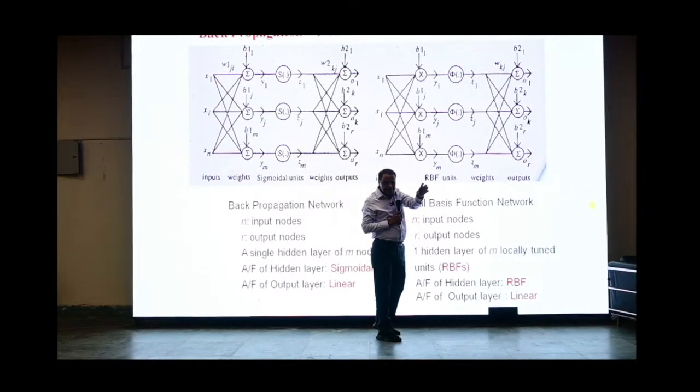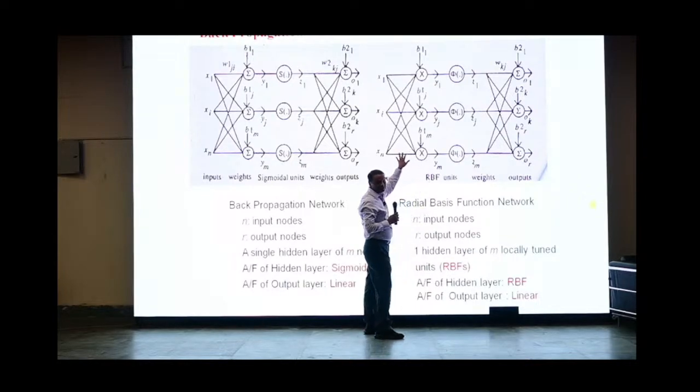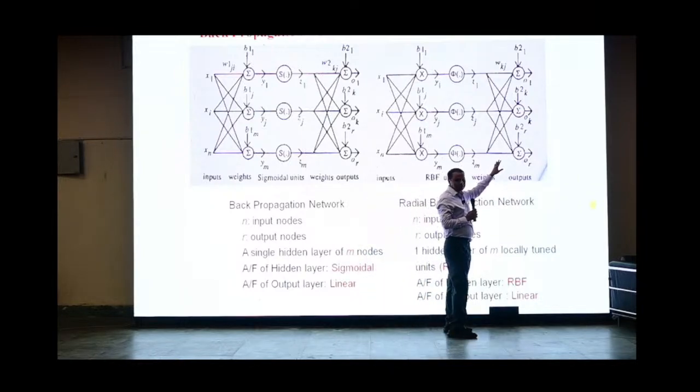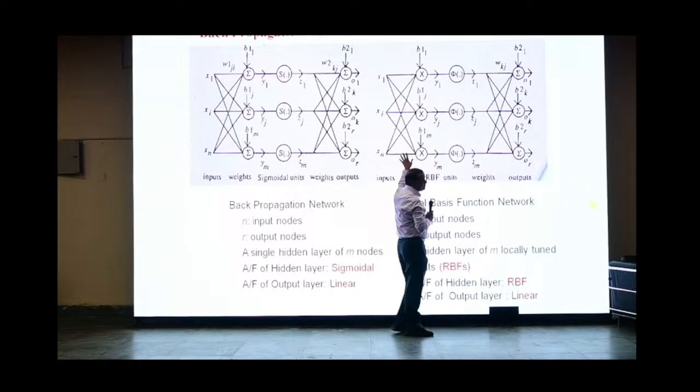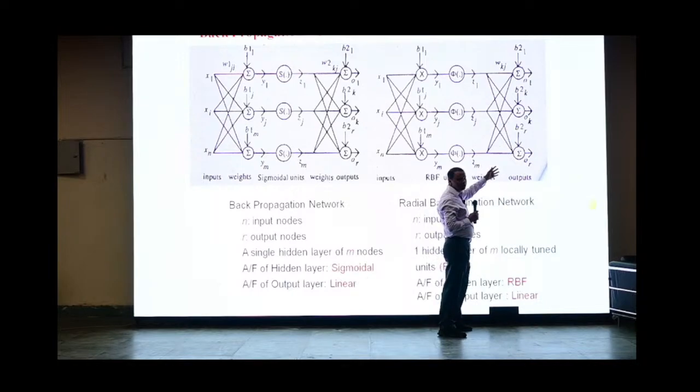That closeness is calculated by the Euclidean norm, the famous mathematician's distance. The training does not happen here; training happens there. So if the training is absent here, which one will be faster? This one will be faster. So this is super fast.